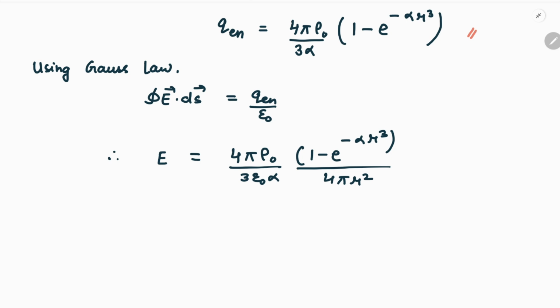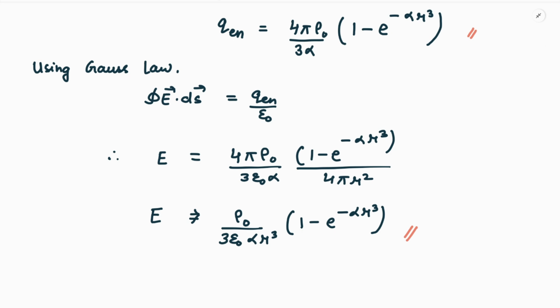On solving we obtain the value of E as rho naught upon 3 epsilon naught alpha r square times 1 minus e to the power minus alpha r cube. So this is the expression for E that we have, and the answer to the first part of the problem, which is asking us to calculate the magnitude of electric field strength as a function of r.